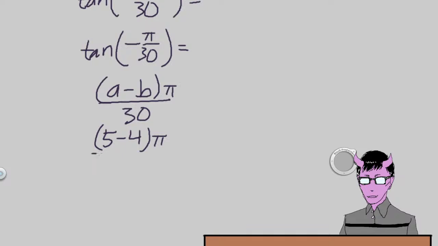Again, you can always find different numbers, but those two are the easiest off the top of my head, because 5 shares a factor with 30, and 4 shares a factor with 30 as well. Can we do better than that? Well, this one ends up being a nice 1 over 6. So this one is one of our favorite angles. But I think the second one isn't so nice. This is going to be a 2 over 15. Yeah, that's not super nice.